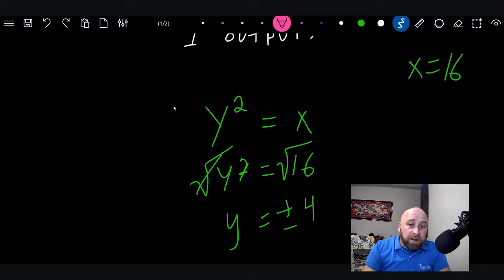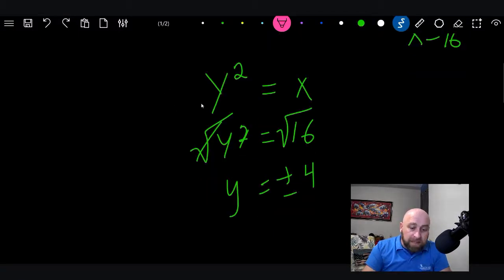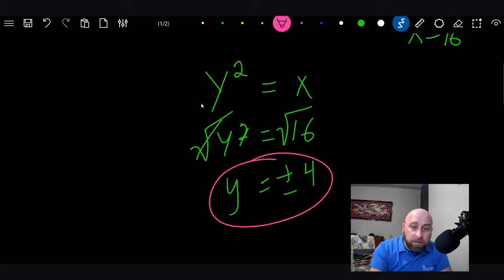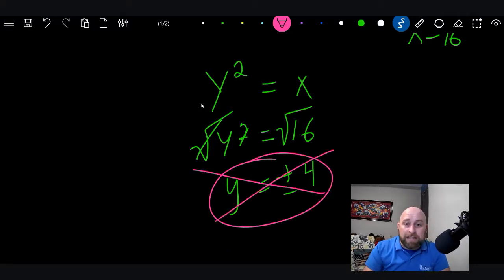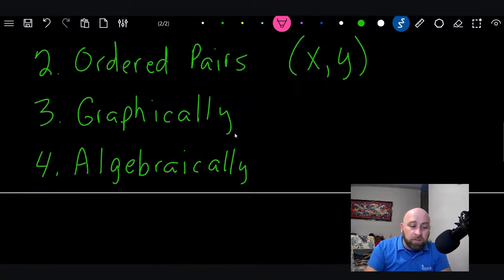So when I figured it out, when I solved it, it gave us 2 answers, and we know that that is not a function. So on these ones down here, algebraically, the way that we know if it's a function or not is we just figure it out. We just solve it. And when we solve it, if it has 1 answer, function. If it has 2 answers, not a function.